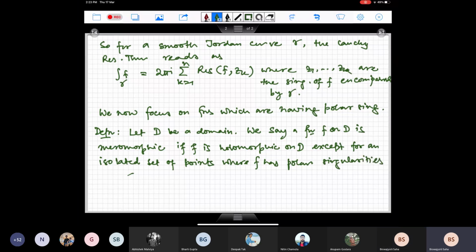If we have that, then the function is called a meromorphic function.